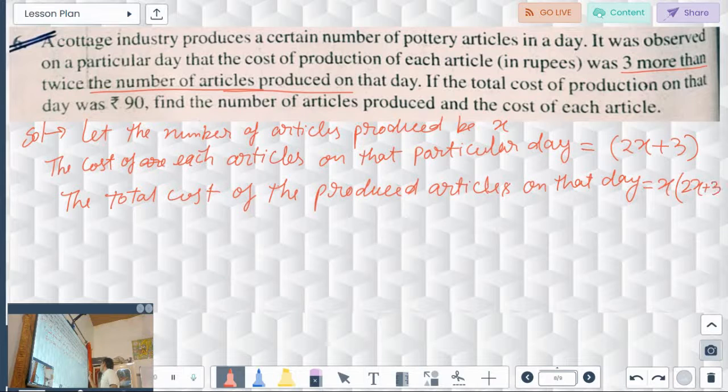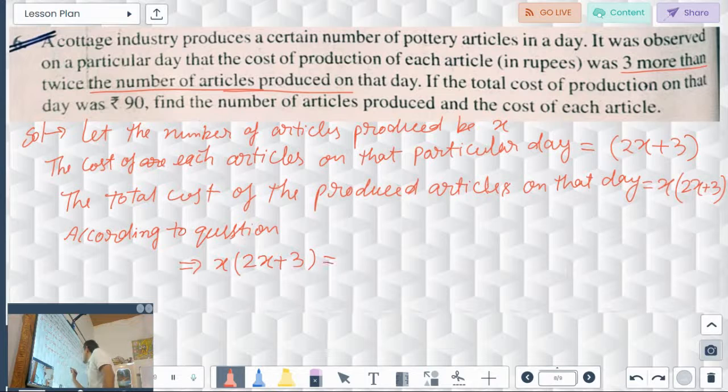Okay, now according to the question, the given total cost is 90, so x into 2x plus 3 equal to 90. Okay, now simplify: 2x square plus 3x minus 90 equal to 0.